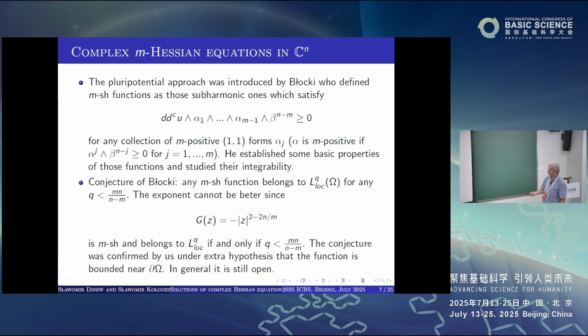And here, this function gives proof that it cannot be any better, because it belongs exactly to L^q if q satisfies this inequality. And this is a kind of Green function for the m-Hessian equation, because if you apply the m-Hessian operator, it is 0 away from 0.